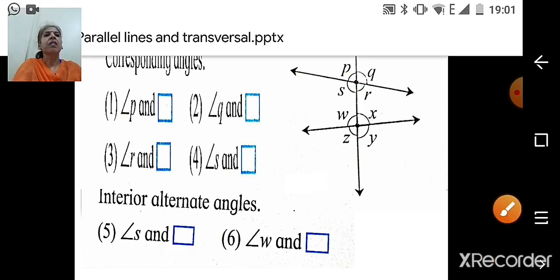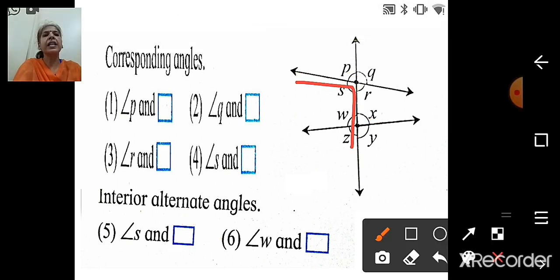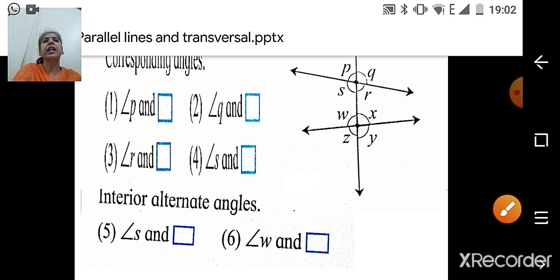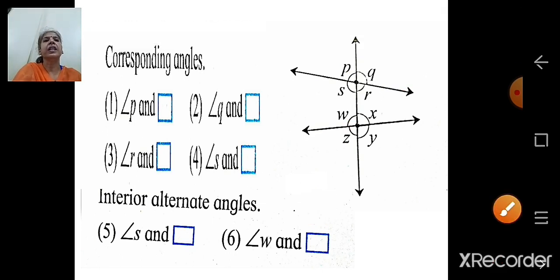And then the next one is angle W with angle R. You can see on the other side also Z, like an opposite way Z. So these are the interior alternate angles.